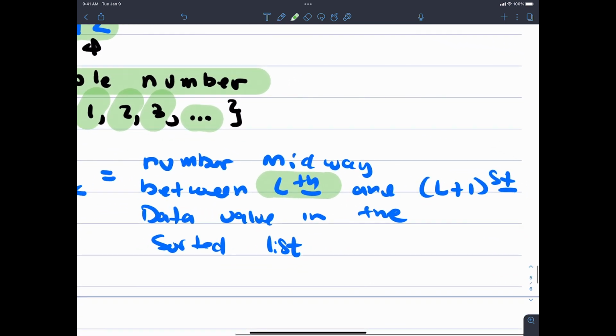Now, what do you think L plus first means? That really means the next value. Like if you are 25 today, how old will you be next year if you add 1 to your age? 26. If you're 18 today, 19.